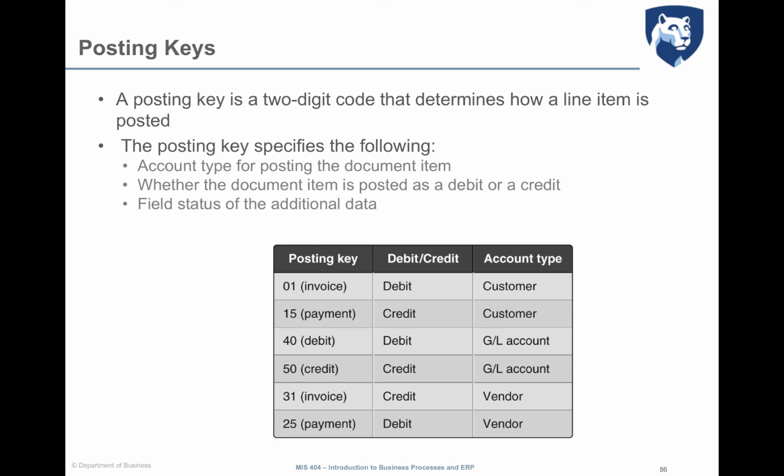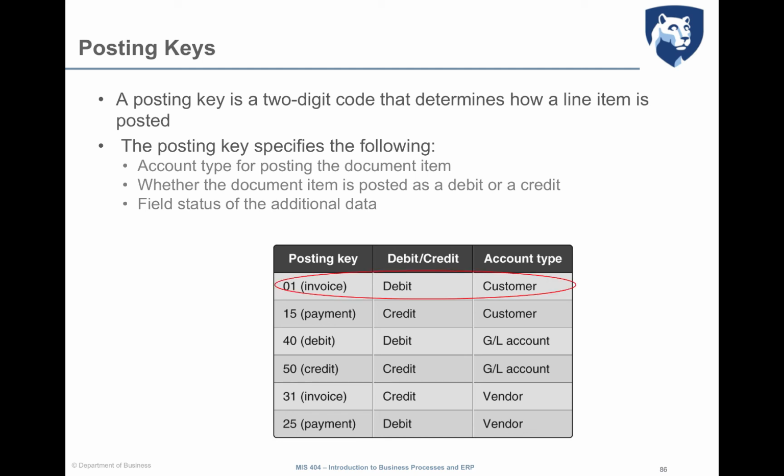Of course, the debit or credit item is then linked to what we call posting keys, which is essentially a two-digit code that determines how a line item is posted. Of course, the digit code is associated to the account type, as you can see in the table.